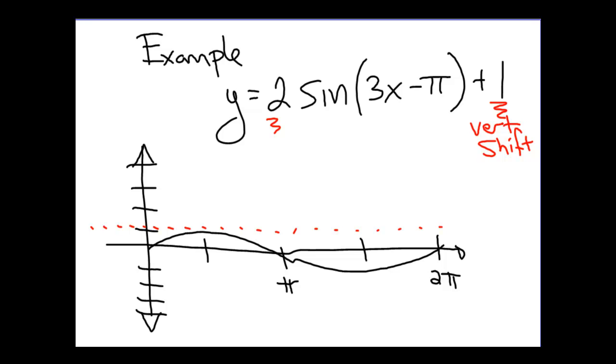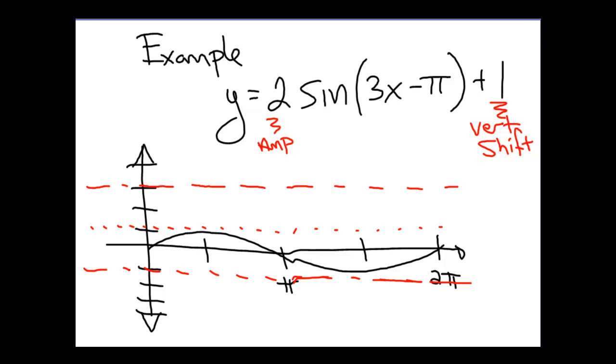This will be the center of my oscillation. And the amplitude here of 2 tells me that my function will go 2 units above and 2 units below that center line. So here you can see I already have a general idea of what my graph will be doing, and I know where my graph should be fitting.